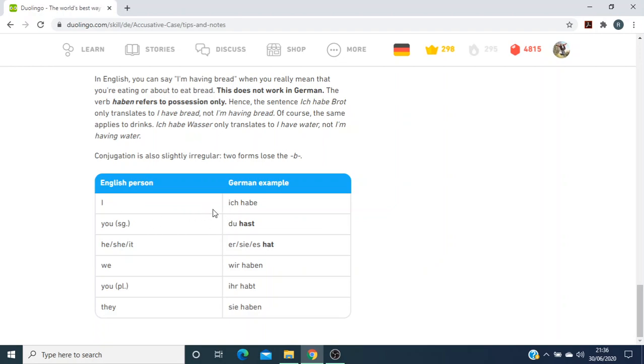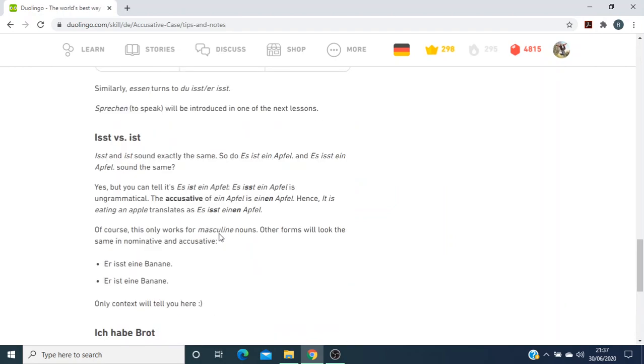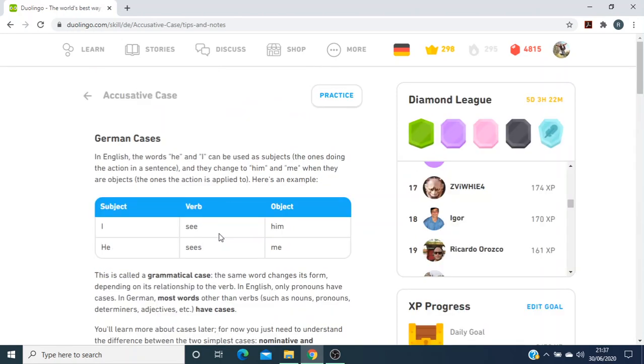So to conjugate the verb haben, it's ich habe, du hast, sie es hat, wir haben, ihr habt, sie haben. And it's a very useful verb because later on you'll discover that that's how you'll need this verb to form the past tense, just like you do in English. Anyway, let's stop waffling and let's practice.